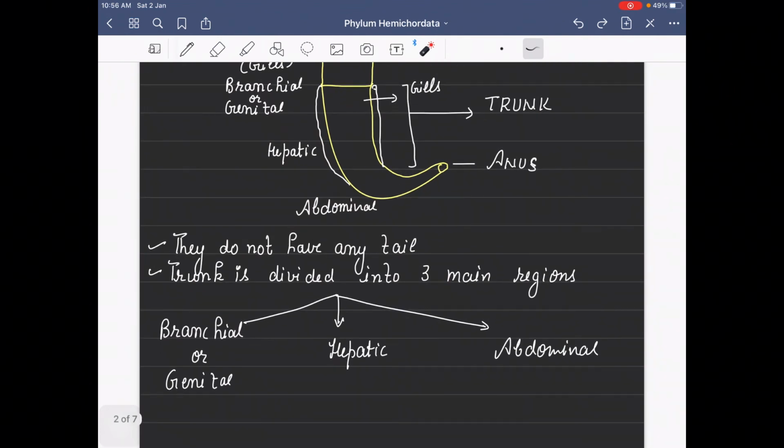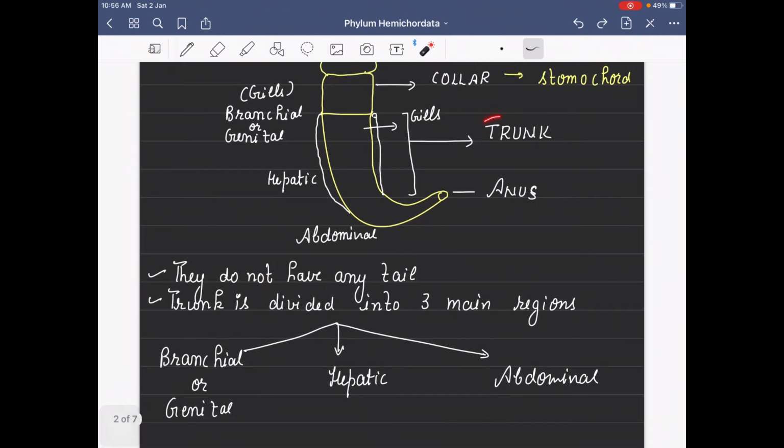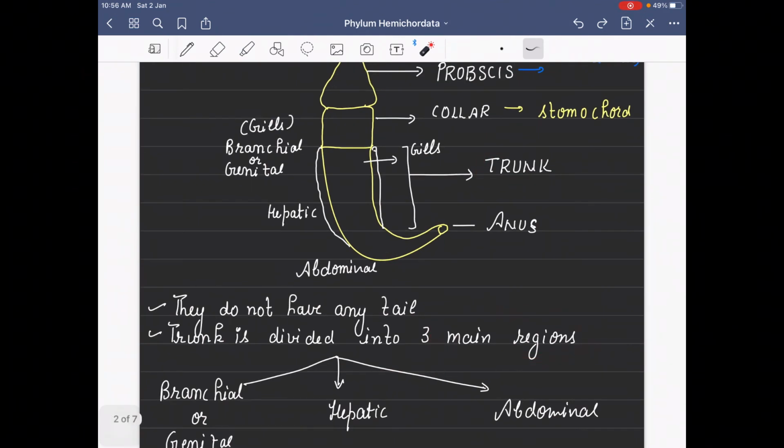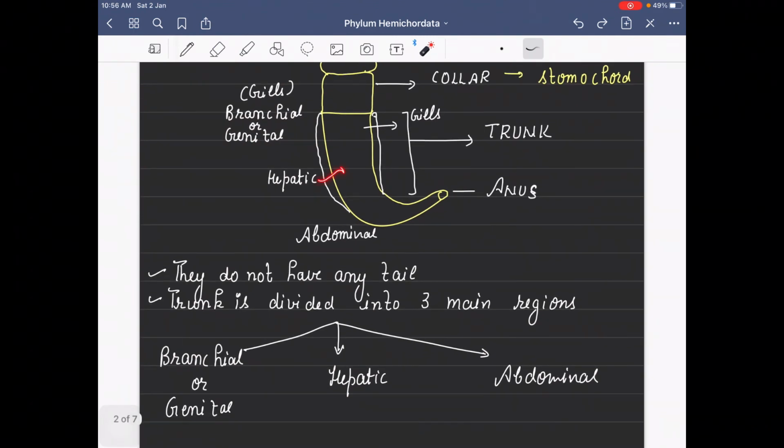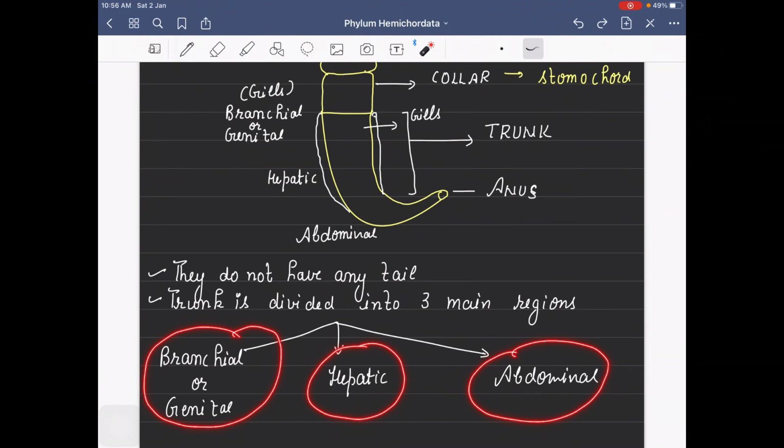So the trunk is very long and divided into three main areas. Branchial, where gills are present. Then genital, because the sex organs are present in this area. Then hepatic area as well as abdominal area.